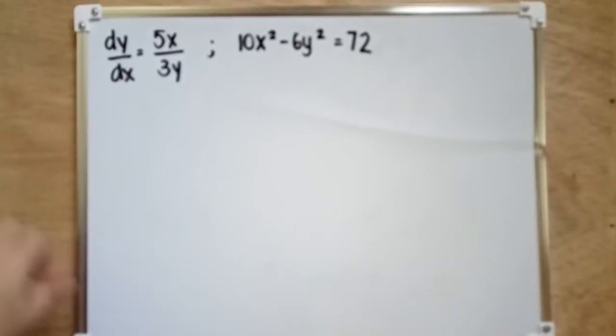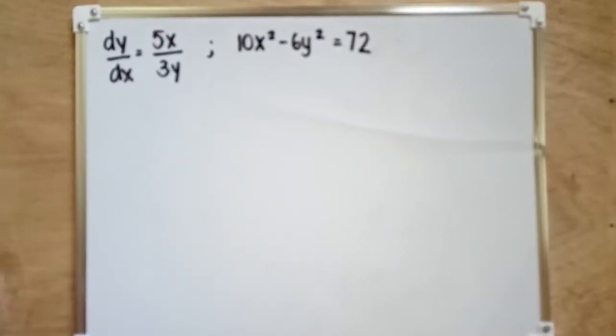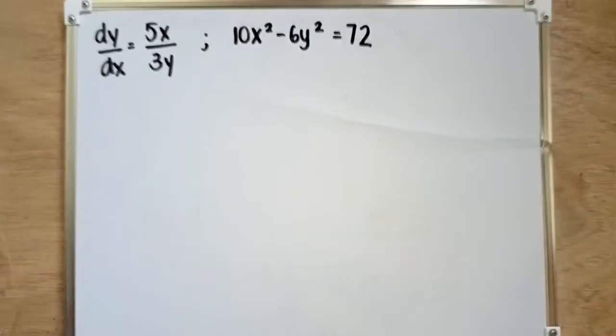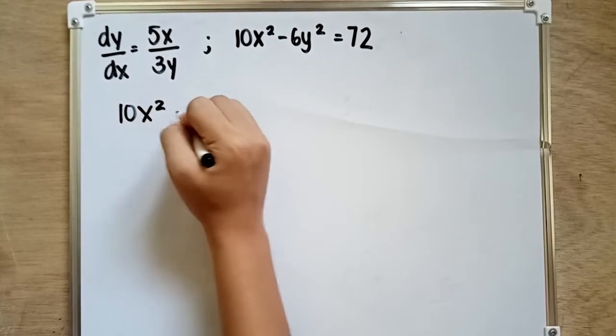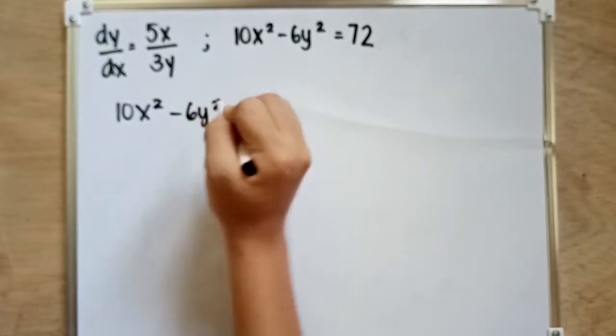Ang ating final answer is 5x over 3y, then ang ating given is 10x squared minus 6y squared equals 72. Ang una natin gagawin ay kukunin natin ang equation ng y in terms of x sa ating given equation.